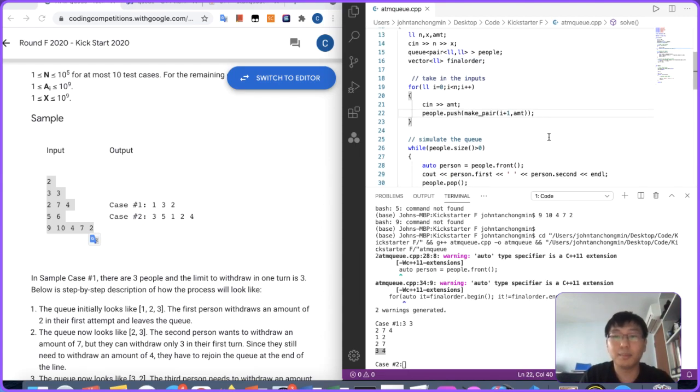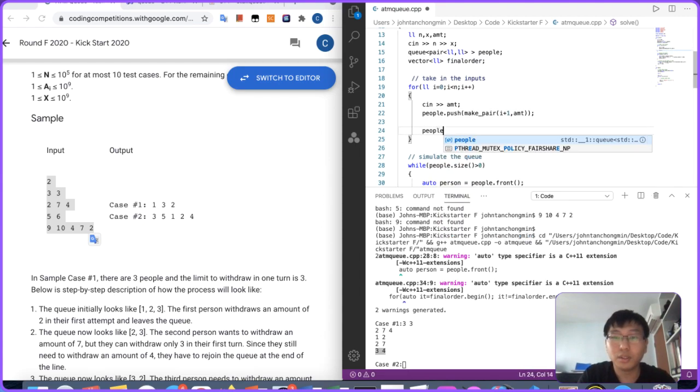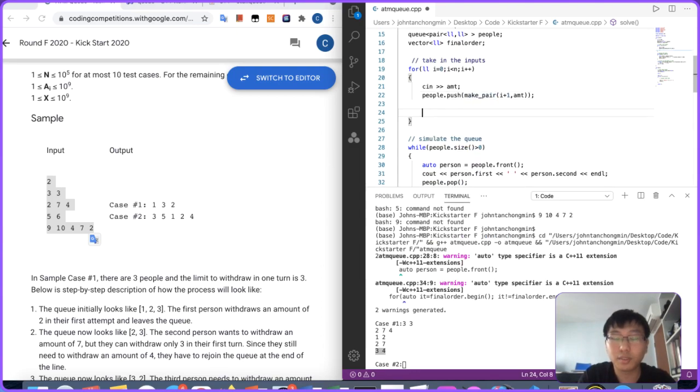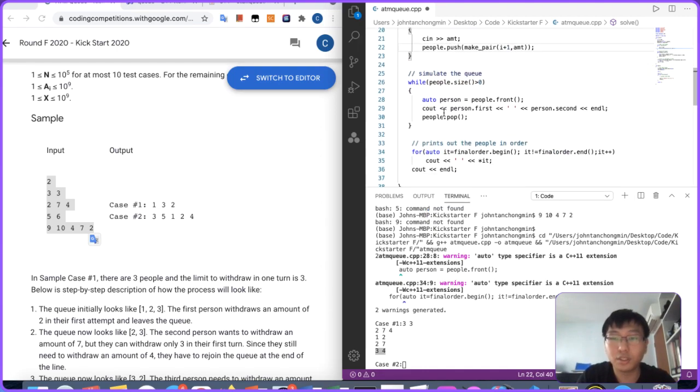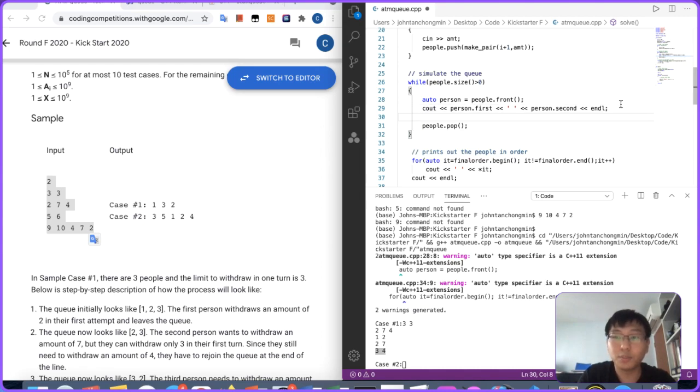All right. Then maybe what I want to do is push in the order here. So this takes in the inputs. When we simulate the queue here, this part is correct. Let me just comment this.